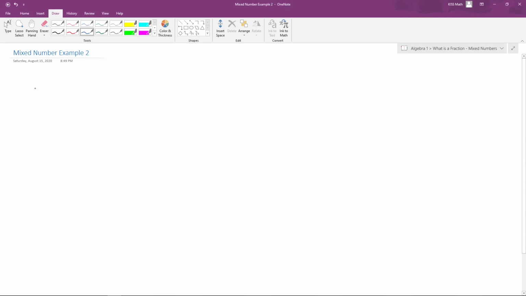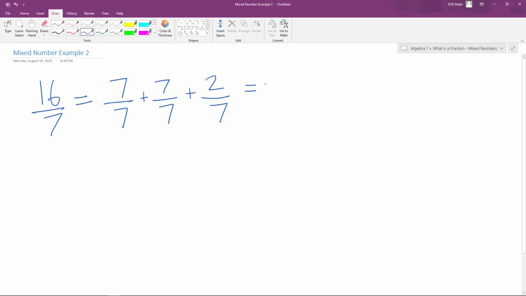Okay, let's try something like 16/7. Now we could write this as 7/7 plus 7/7 plus 2/7, right? Because 7 plus 7 is 14 plus 2 is 16. And you'll see that we have 7/7 again, and then we have another 7/7 again, and each of those is equal to 1, right?